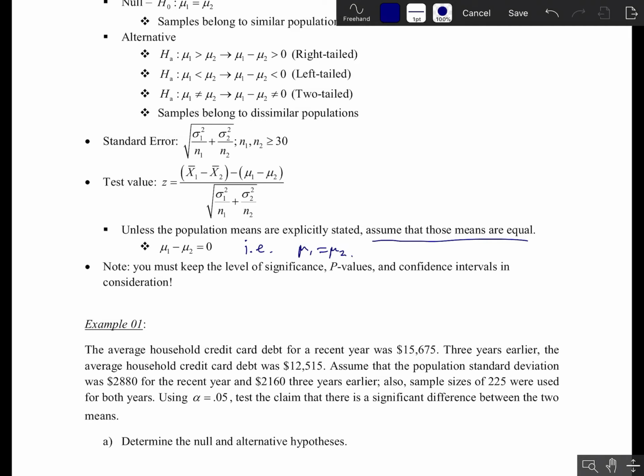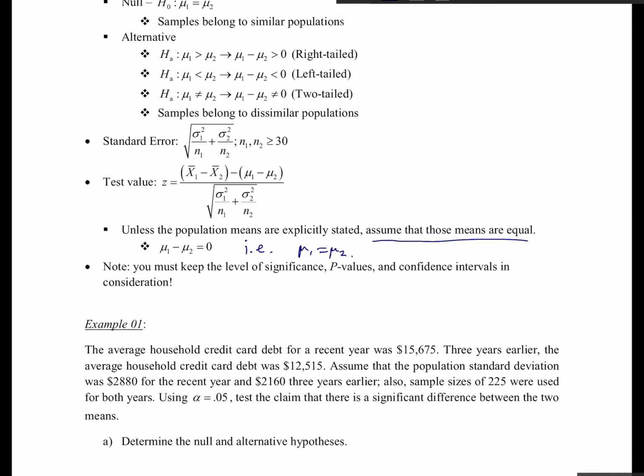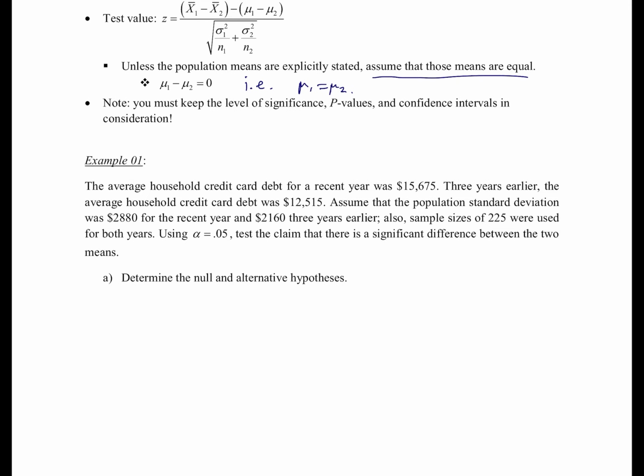So the population means are likely unknown, and we assume that mu1 minus mu2 is equal to 0. That will be our null hypothesis. And then if we end up getting a sample that extremely disagrees with this null hypothesis, then we'll reject the null hypothesis.